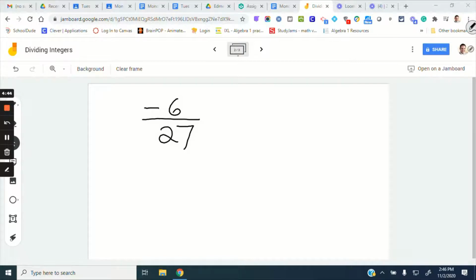The denominator, 27, is a lot larger than the numerator. So what does that mean? That means the denominator cannot go into the numerator. So we can't take 6 things and make a group of 27, right? So if your denominator is larger than your numerator, the best thing to do is to reduce or simplify.